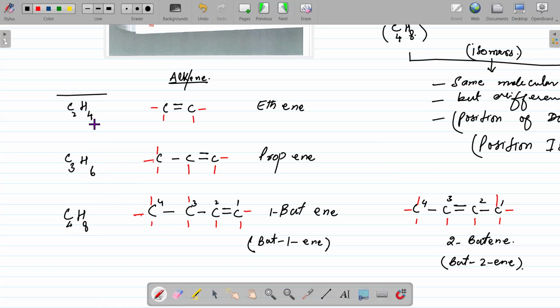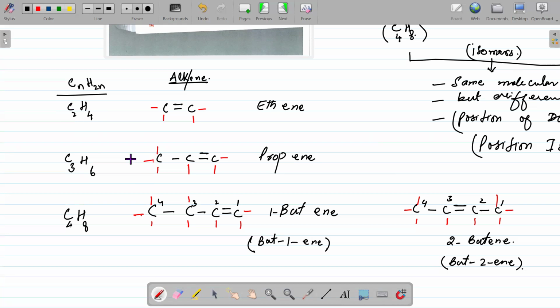So if we look at their molecular formulas, so we can apply this general formula CnH2n. So you can see the number of hydrogen atoms, they are double in number as compared to the number of carbon atoms. So that's why their general formula, that is CnH2n.